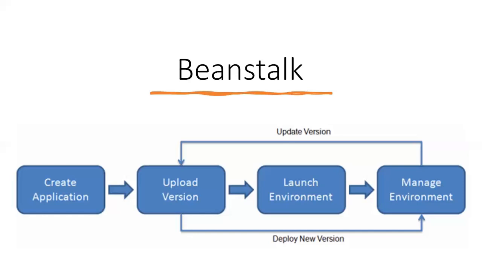You can write code and deploy that code to the worker environment instead of the main web server application. Elastic Beanstalk monitors your web server application and the worker environment and performs health checks on how the application is running.